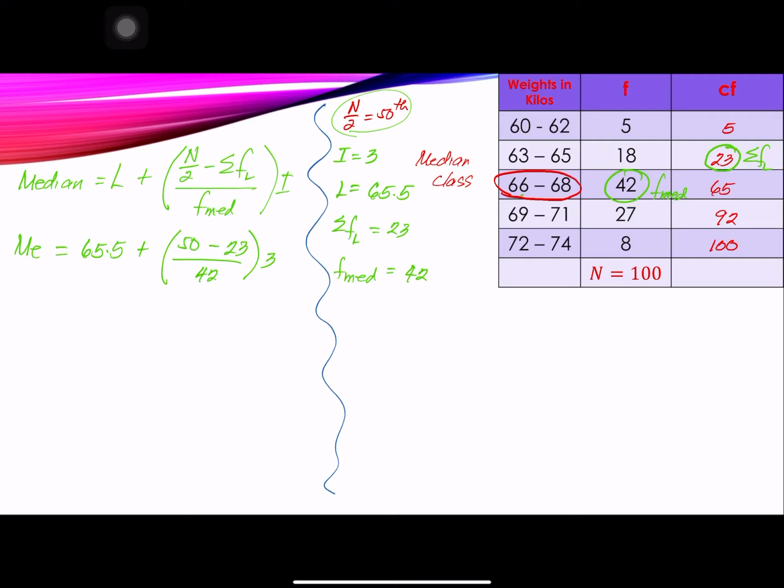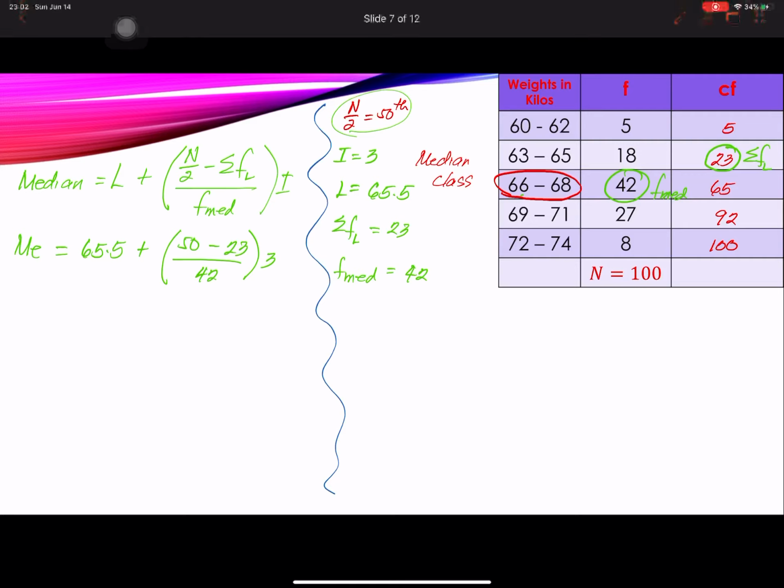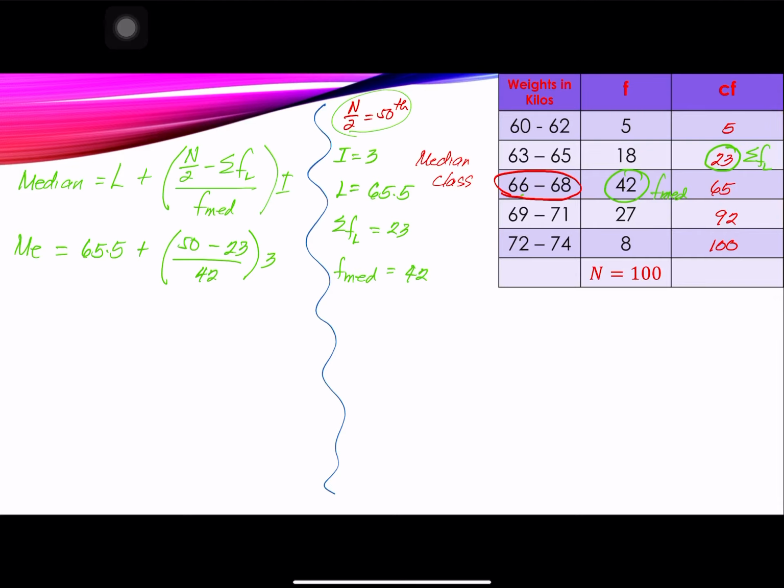From there, you can cancel 3 and 42, that is 14. So we will simplify further.